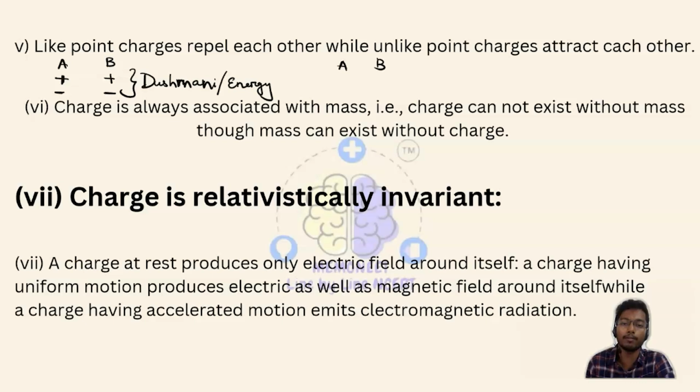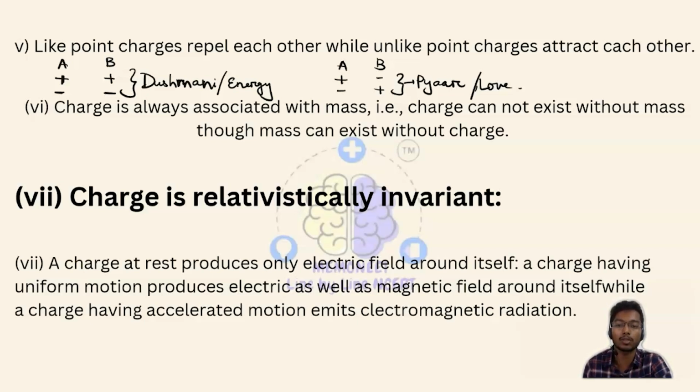But when we have a positive charge and a negative charge, the relationship will be pyar, that is love between them. So unlike charges attract each other and like charges repel each other.